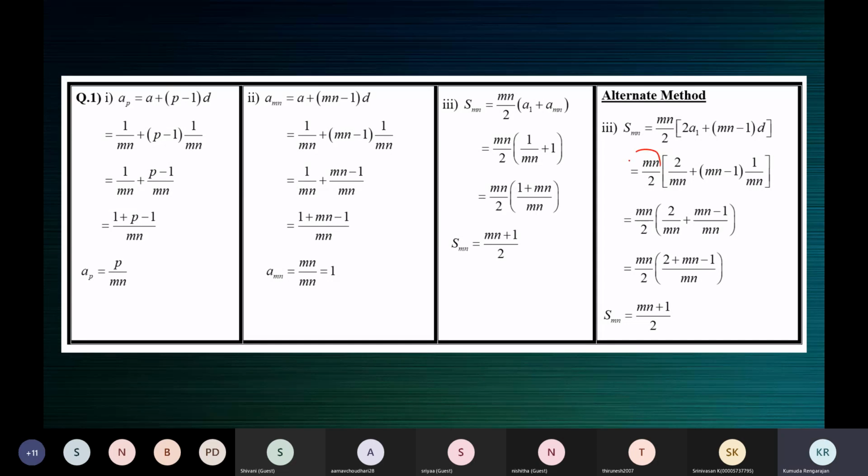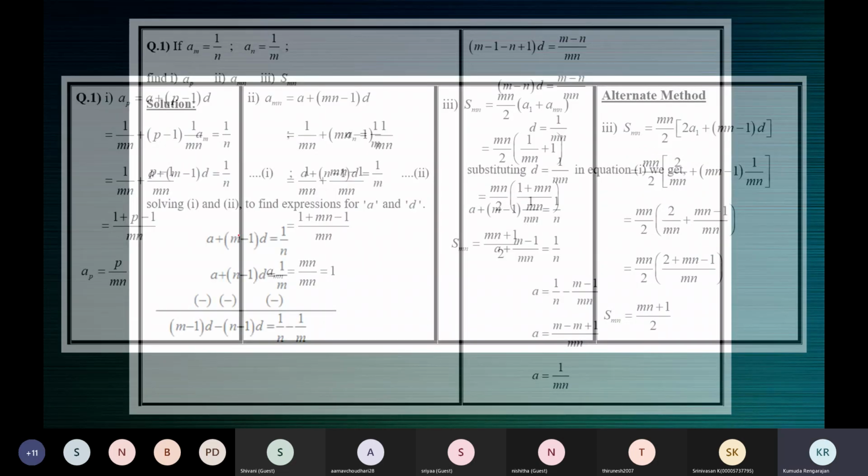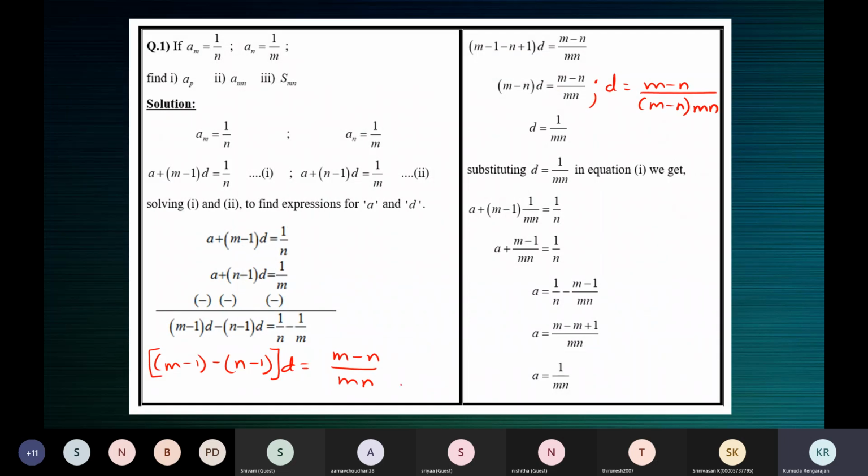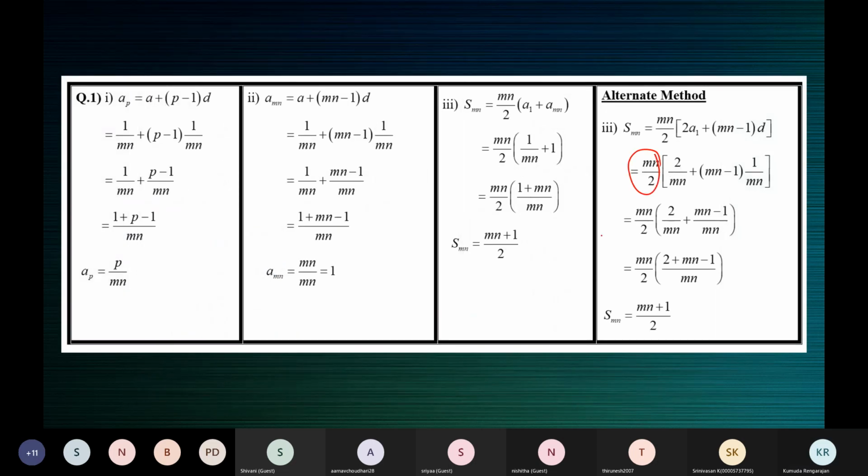So mn by 2, 2a, what is a? What is a we found here? 1 by mn. What is 2a? 2 into 1 by mn, so 2 by mn. 2a is 2 by mn.